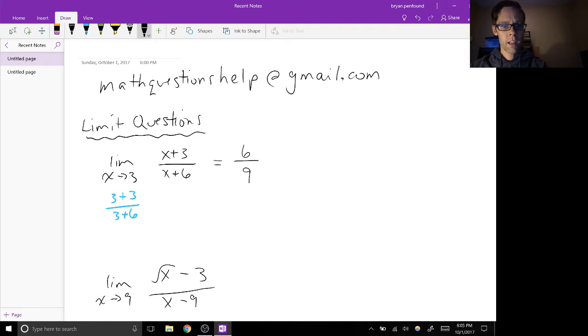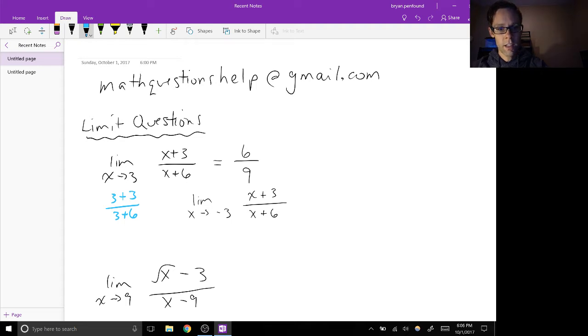Now, an interesting thing can happen if I change this limit just a little bit. Let's say I have the limit going towards -3, and I'm going to keep f of x the same, x plus 3 over x plus 6. I can still work through this process of thinking about direct substitution.